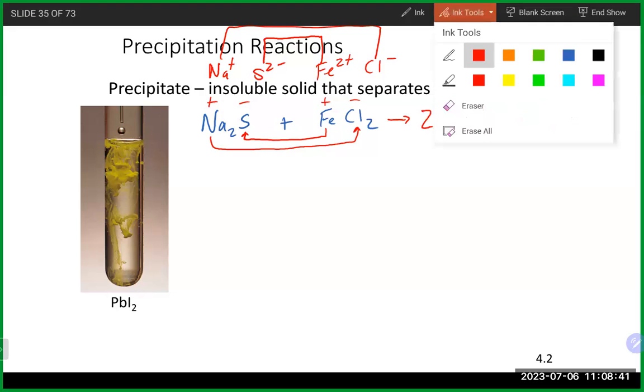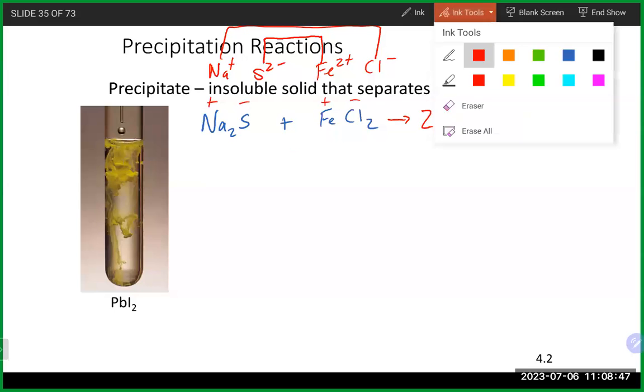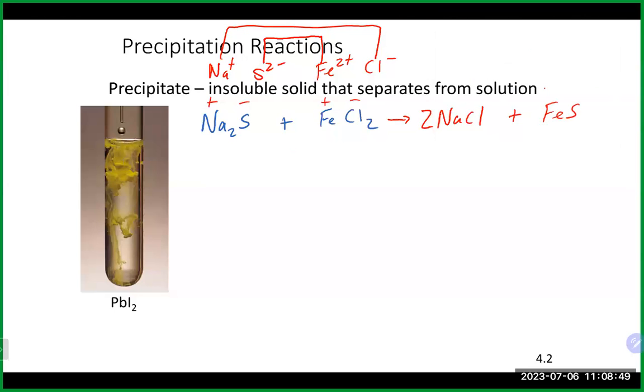Now that we have the equation and it is balanced, we can use our solubility rules to help us determine if these things are going to be aqueous or solid. When I look at the first one, I see sodium, and that is pretty much as far as I need to go because sodium is group 1, which means it is soluble in everything. I know automatically that this should be aqueous because of that.